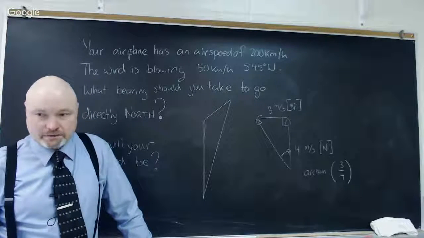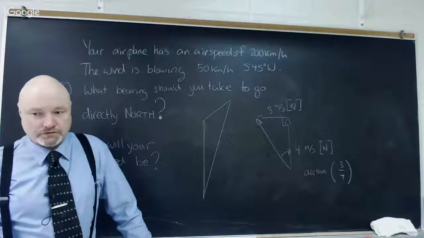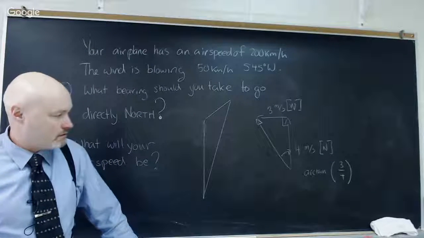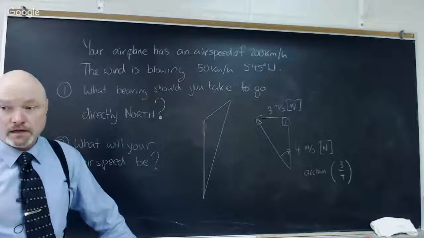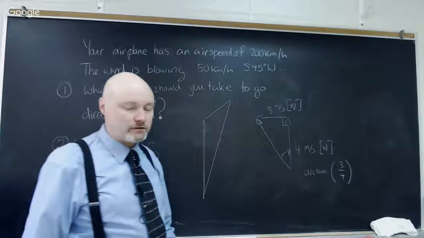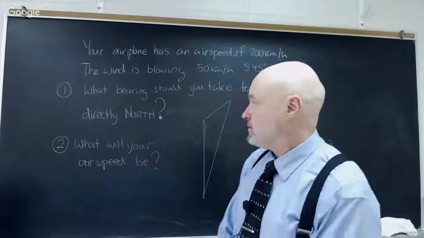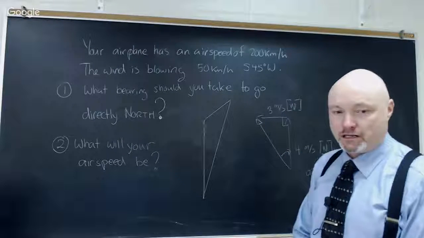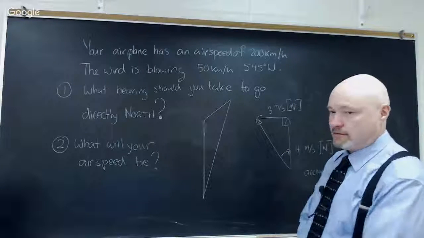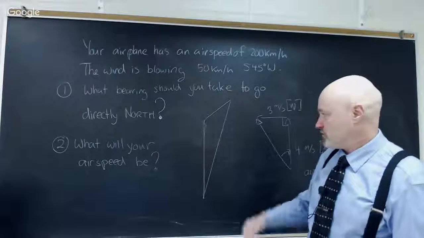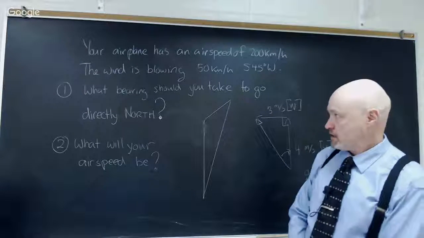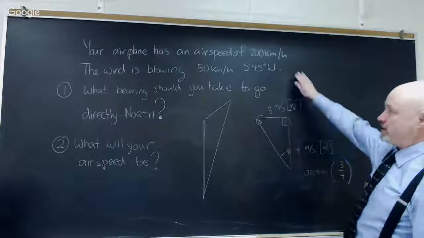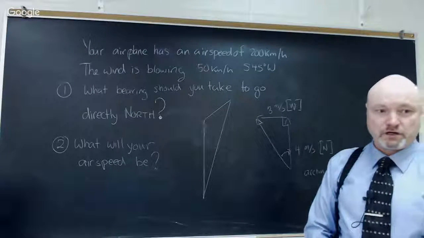I really just have one sample problem to go over, and it's very similar. In practical terms, the only difference between the airplane problem and the boat crossing the river problem is that the airplane problem is not a 90-degree triangle. So here we go. You've got an airplane with an airspeed of 200 kilometers an hour.